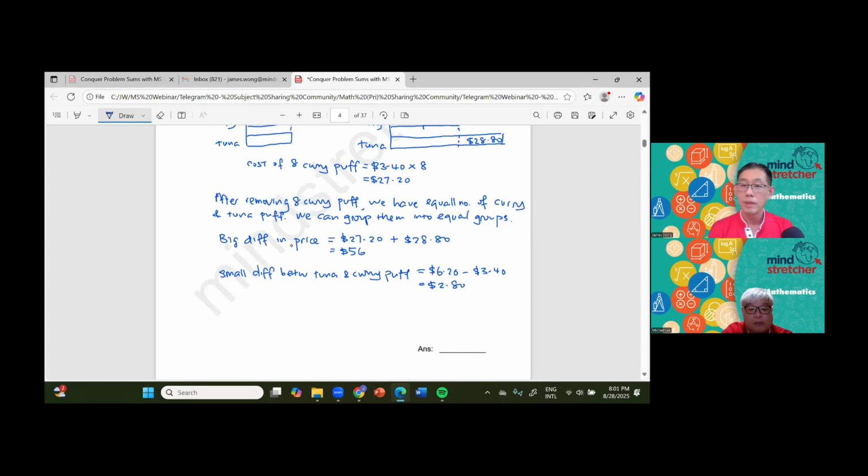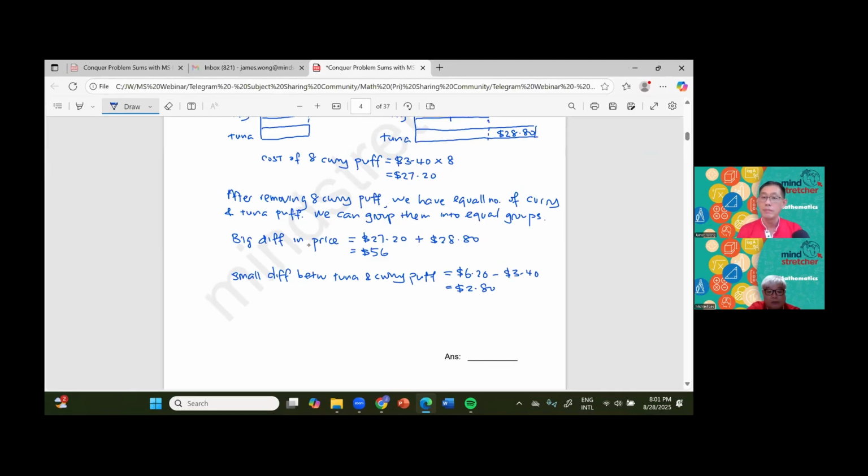Am I right? So this $56 is due to an accumulation of all the many $2.80. Can you all follow that? That big difference is an accumulation of all the small little $2.80, $2.80, $2.80, many of them.